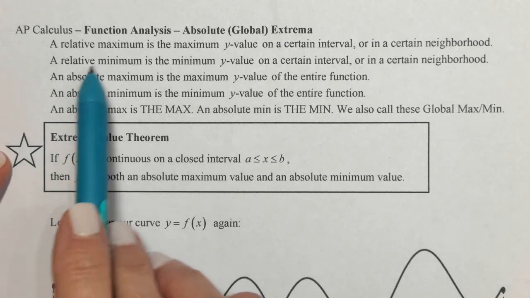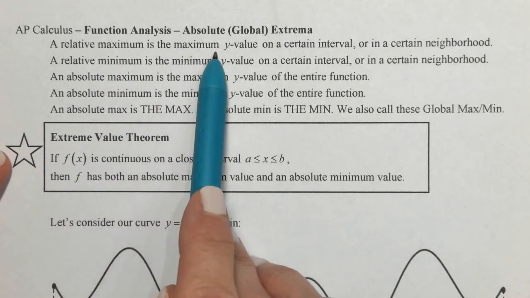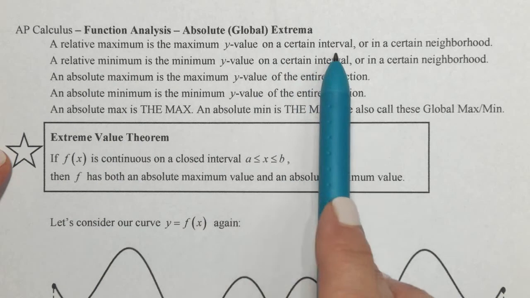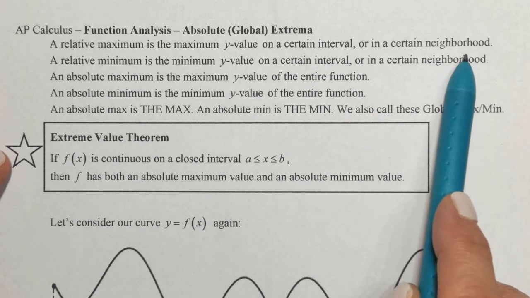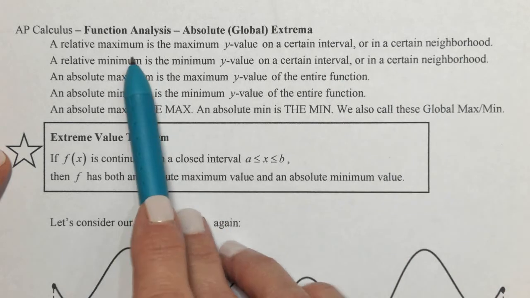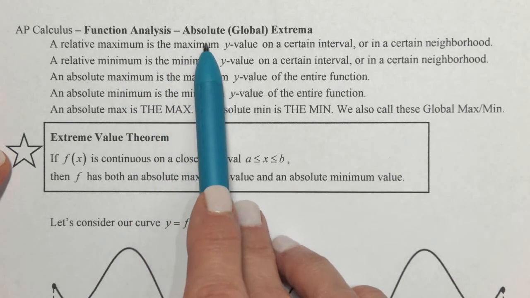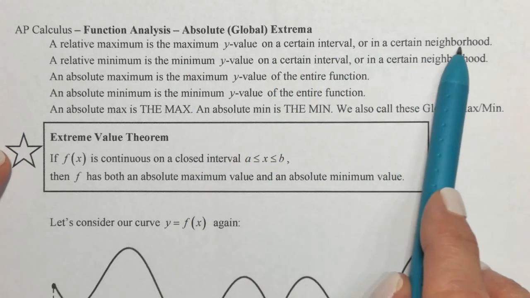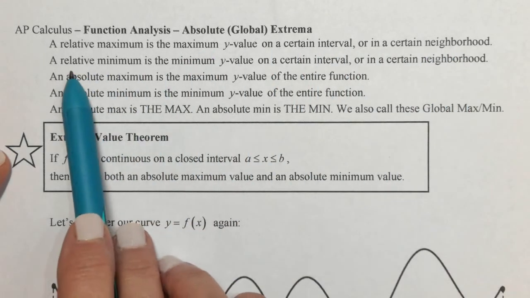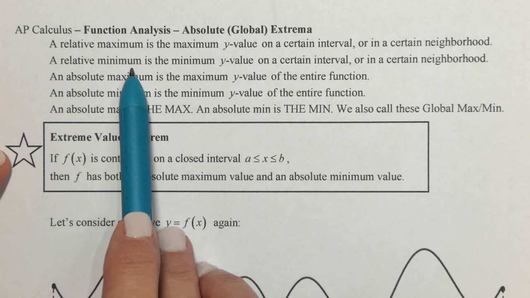A relative maximum is the maximum y value only in a certain interval or a certain neighborhood. A relative maximum would be just a hump, any hump in a certain interval. Similar description of a relative minimum.